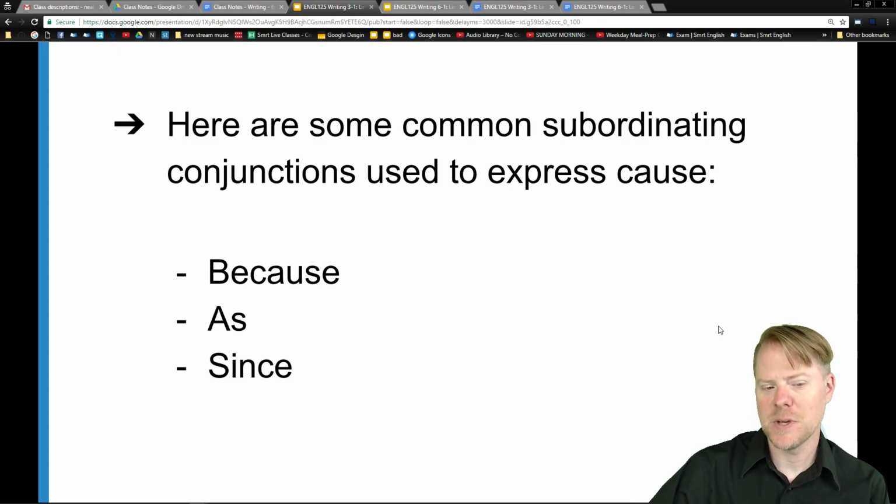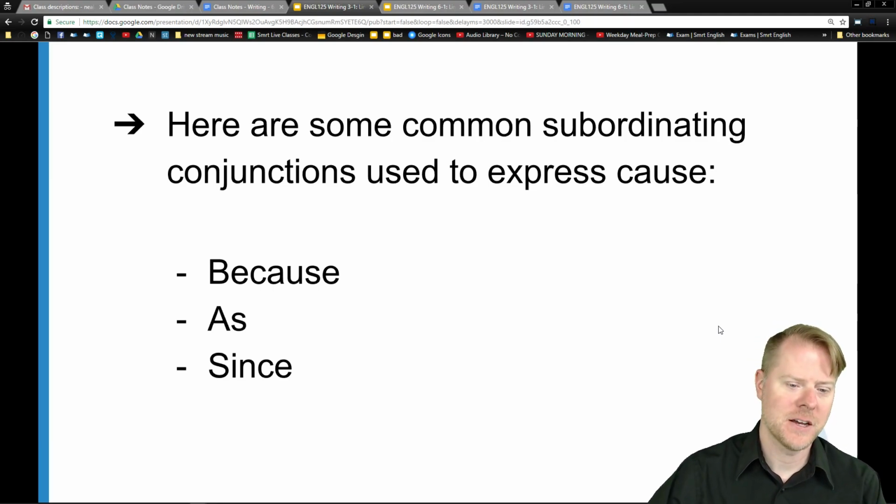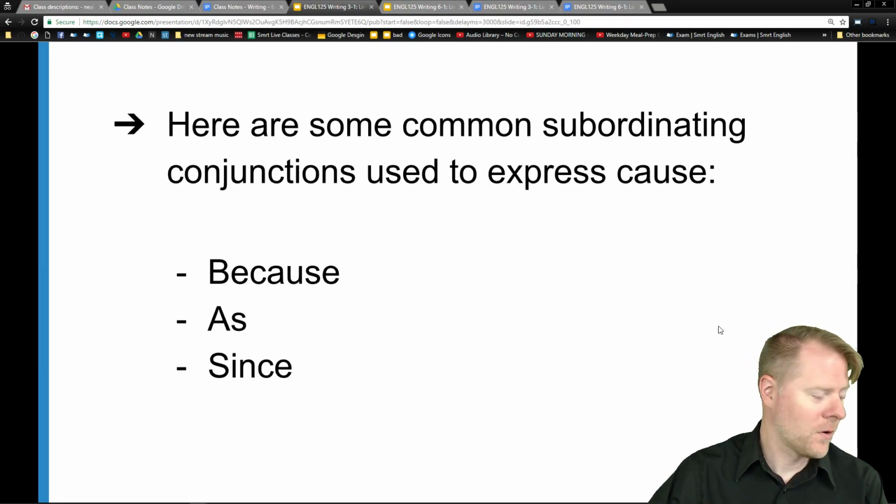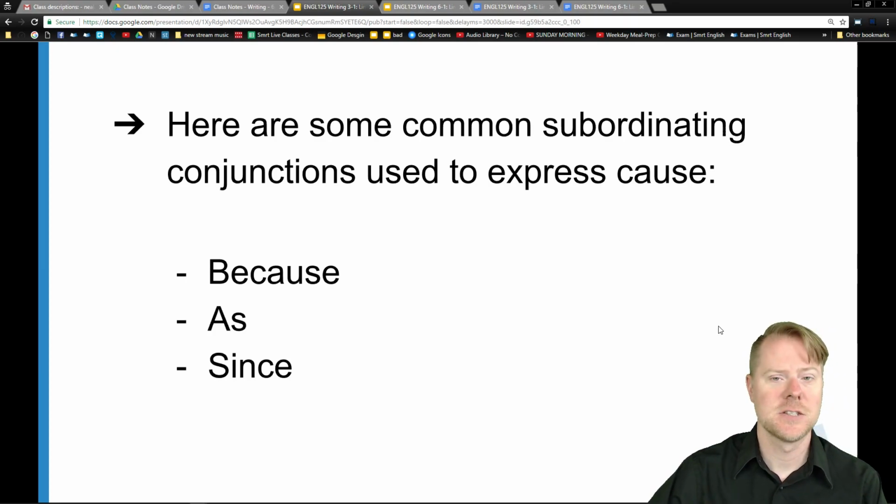I know especially the word as has many meanings. Since also has different meanings, but when you use them as a conjunction, you are going to use them as synonyms.